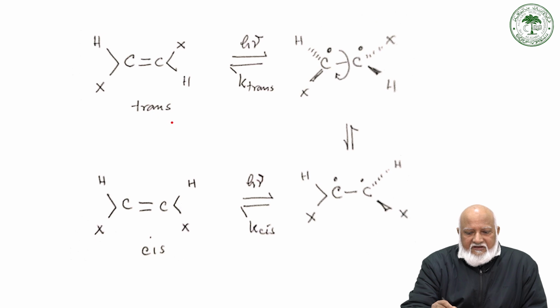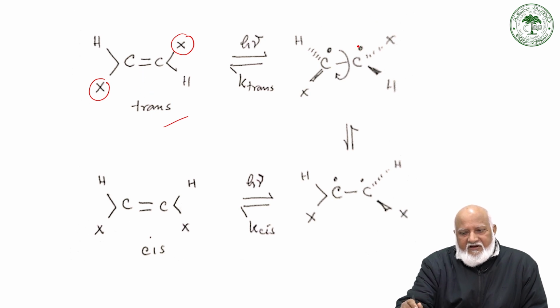Now, this is the trans alkene. You have a substituent X on the opposite side. In the presence of light, the alkene absorbs light and goes to an excited state. Mainly the cleavage of the carbon-carbon double bond takes place, giving a diradical species, and there is the loss of the carbon-carbon double bond. In this starting material, due to the presence of the double bond, free rotation is restricted.